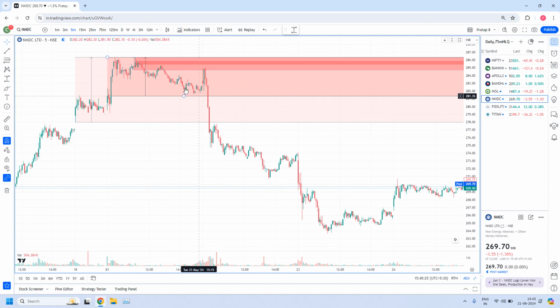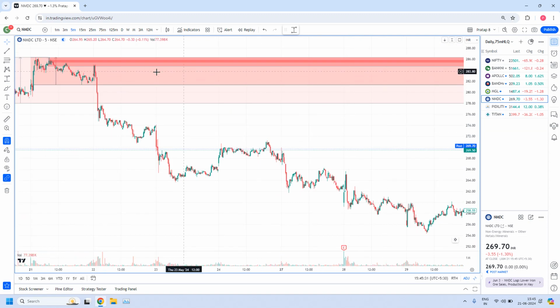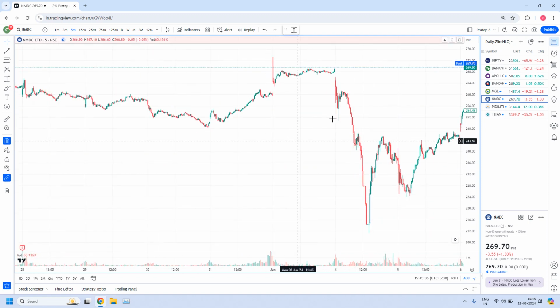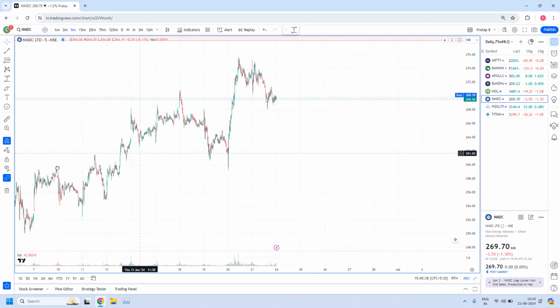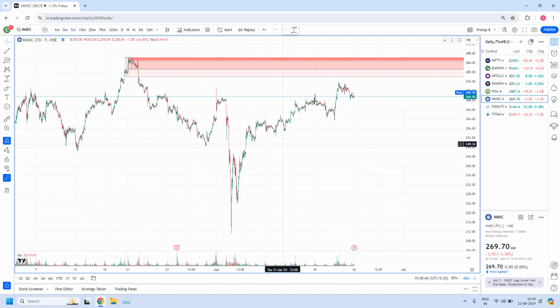I am just trying to tell you different price action clues, how this zone is getting supported. That means there is still a strong order flow. That's why prices didn't enter. So there is nothing wrong in planning a trade, because the risk is minimized.